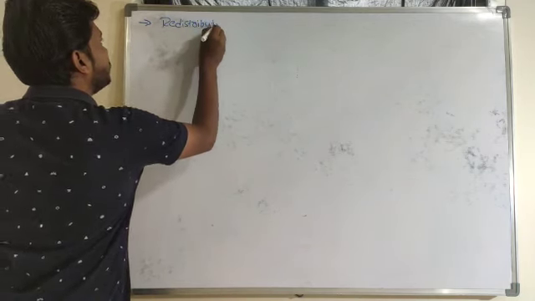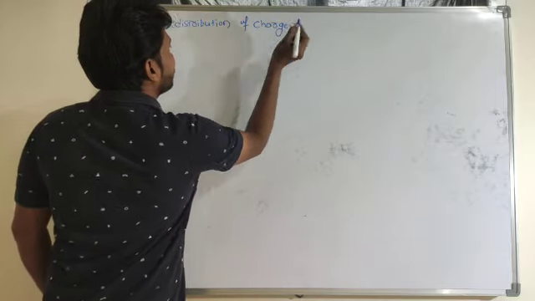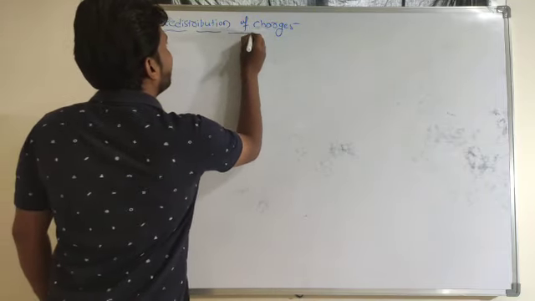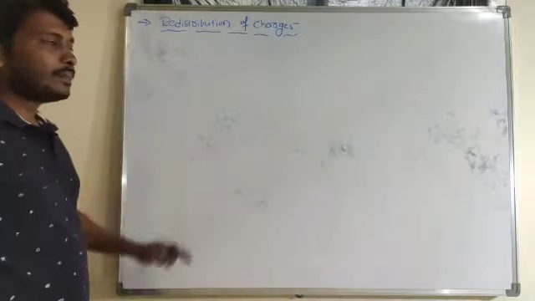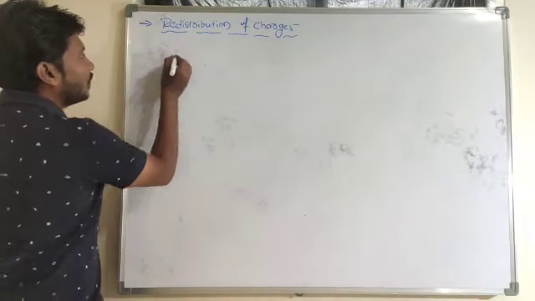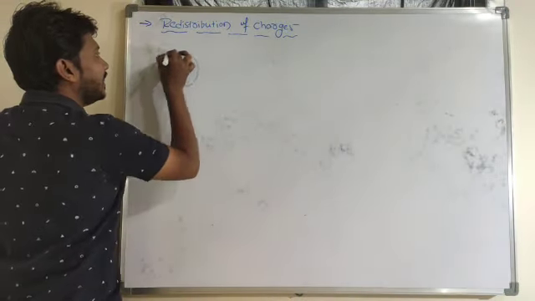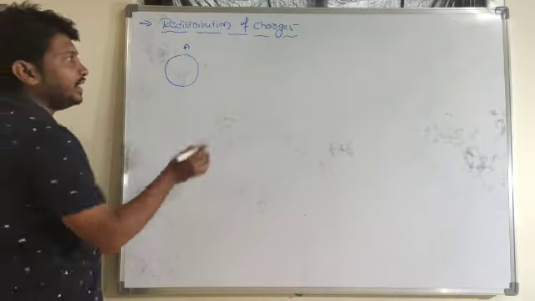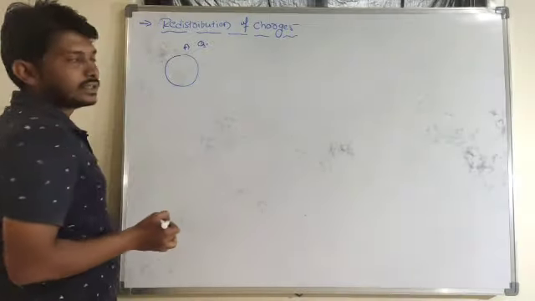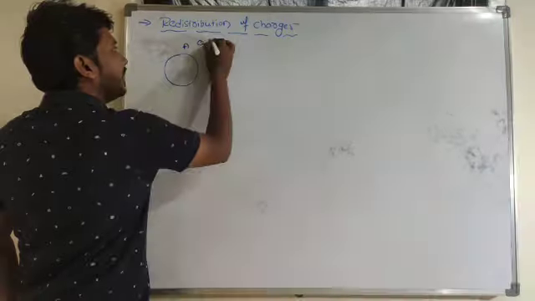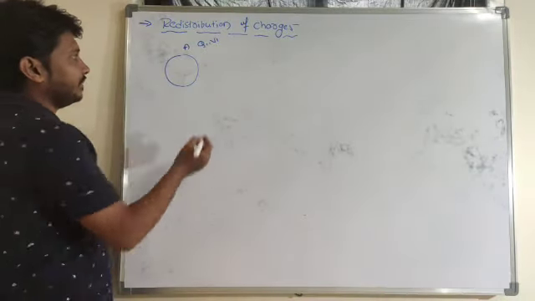So we will understand redistribution of charges. First I will consider two bodies. One is body A. On body A, Q1 amount of charge is present and its potential is V1.